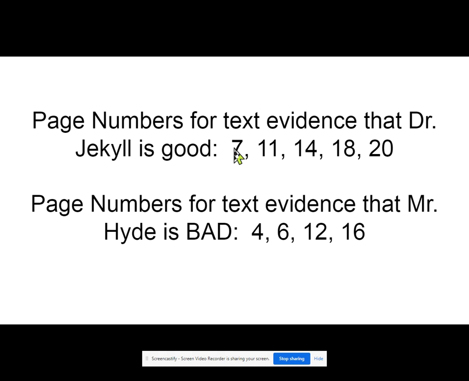And actually, I didn't really see anything good on 7, so just look on these four pages to find evidence. Of course, you only need two examples, so you can just pick two of these page numbers to go to.